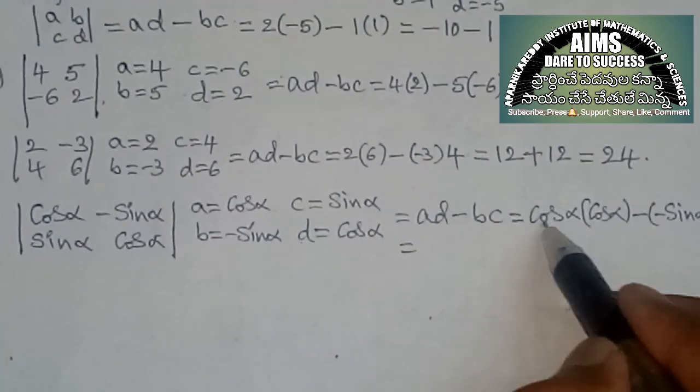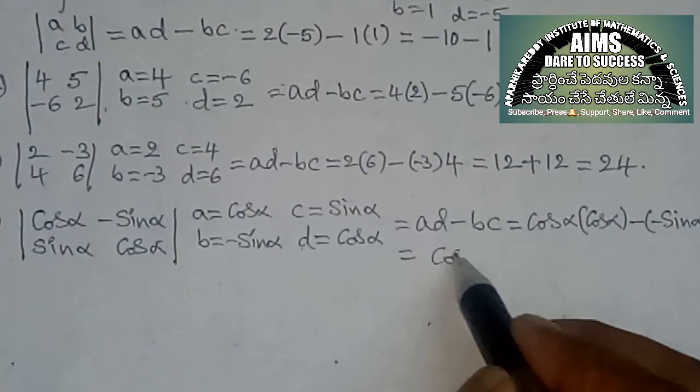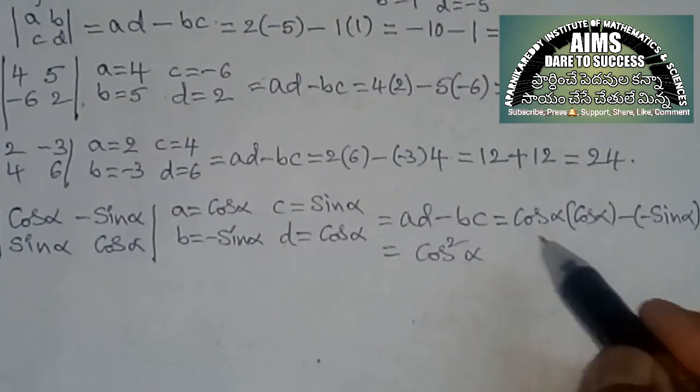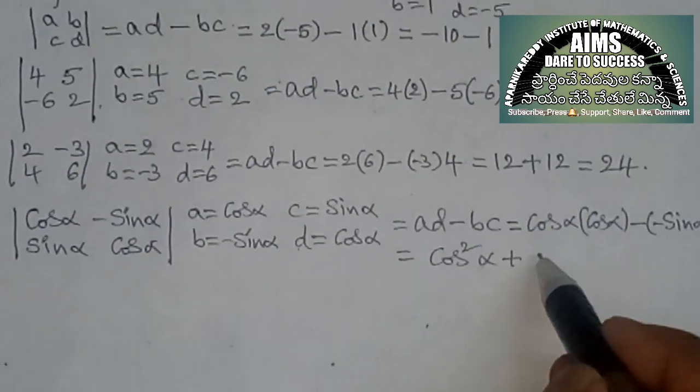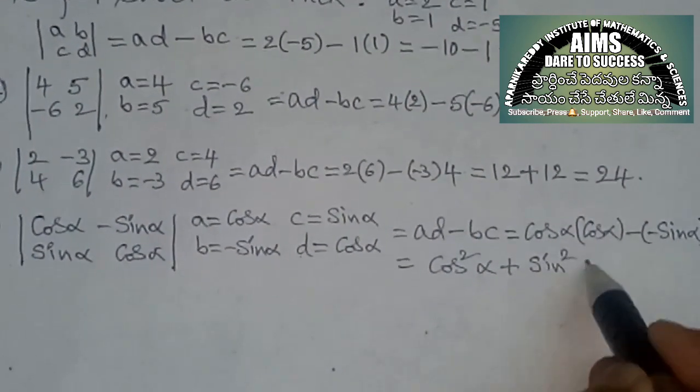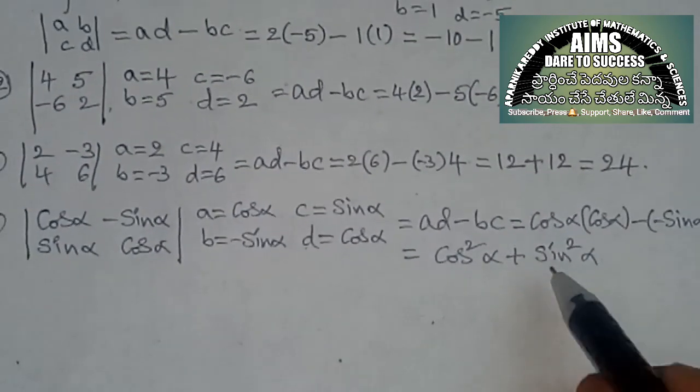Normal simplification: cos alpha into cos alpha is cos square alpha, minus into minus plus, next sin alpha into sin alpha is sin square alpha.